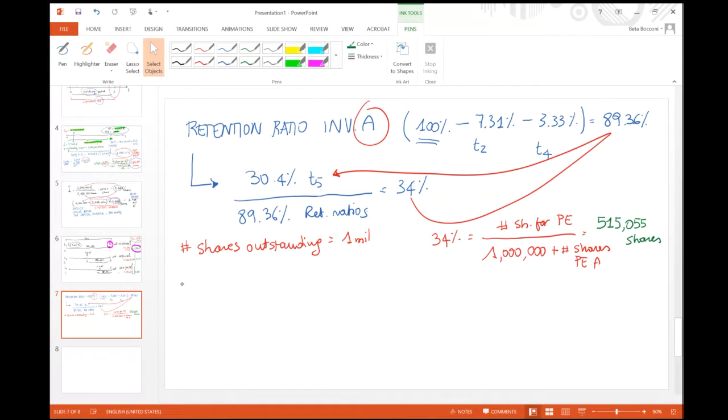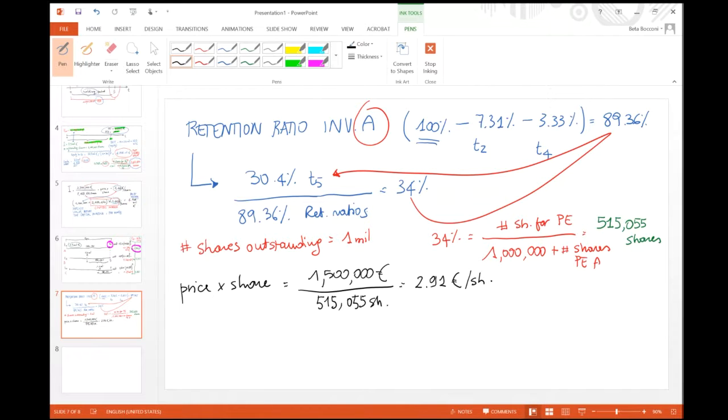So the price per share that we purchased the stock at is our round A financing, 1,500,000 divided by 515,055 shares, or 2.91 euro per share. And now we can close the loop calculating the pre-money and post-money valuation.